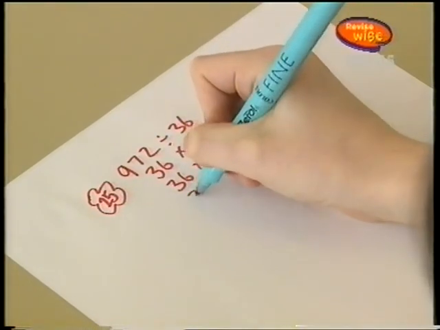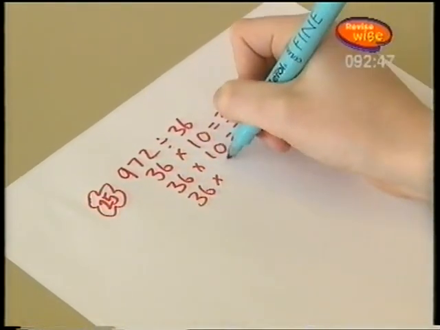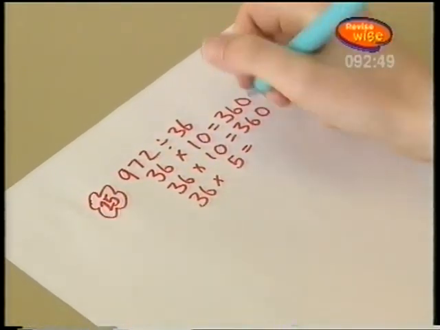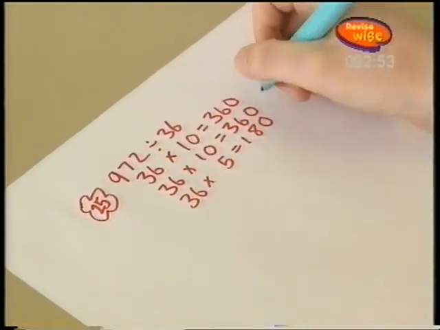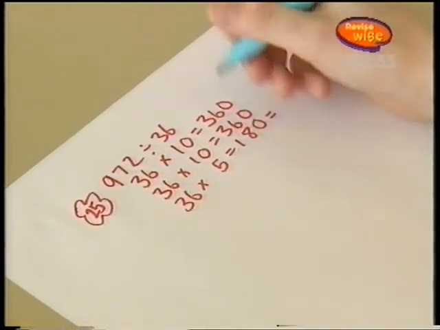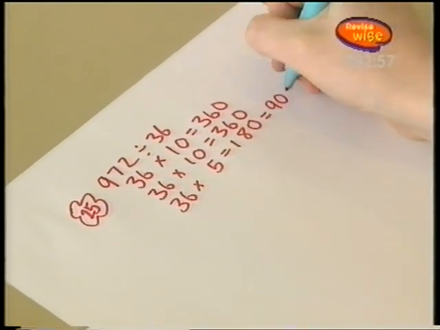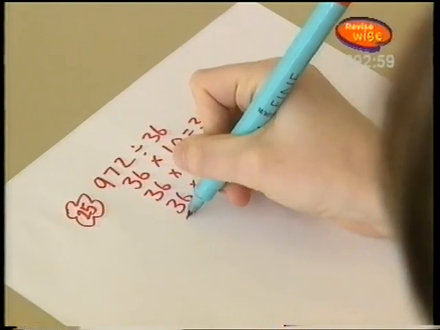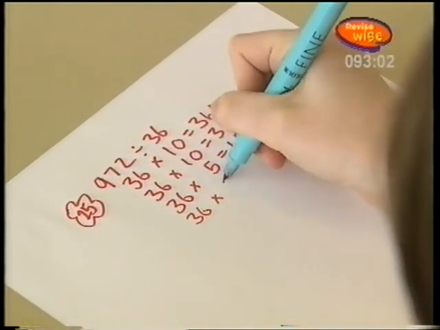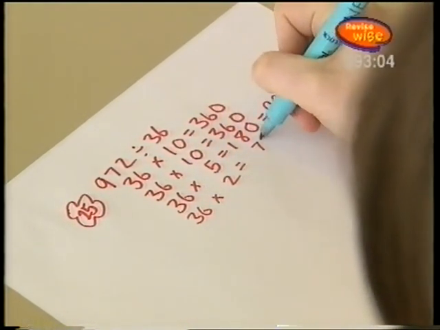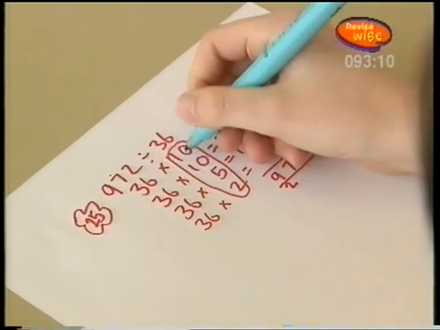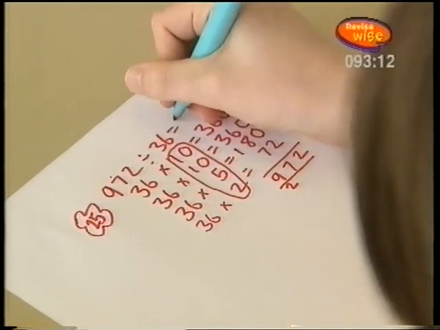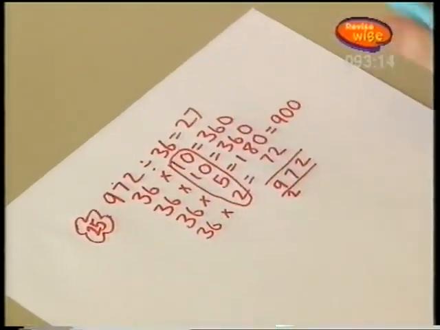Then I would try 36 times 5, which is half of 10 times, so that would be 180. Then altogether, these 3 answers add up to 900, so there's 72 left, which would be 36 times 2 equals 72. So altogether, that equals 27, so my estimate was about right.